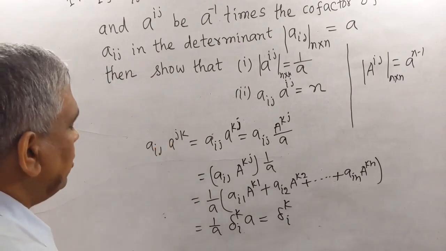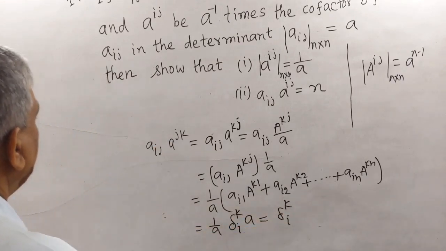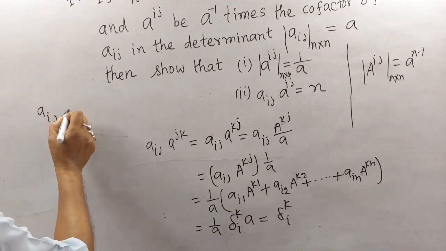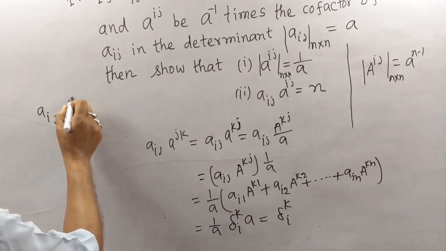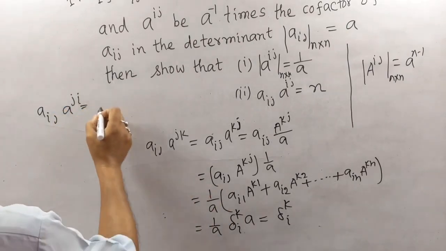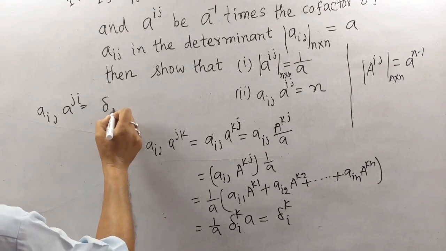Putting k equal to i, we get A_ij A^ji equal to delta_ii.